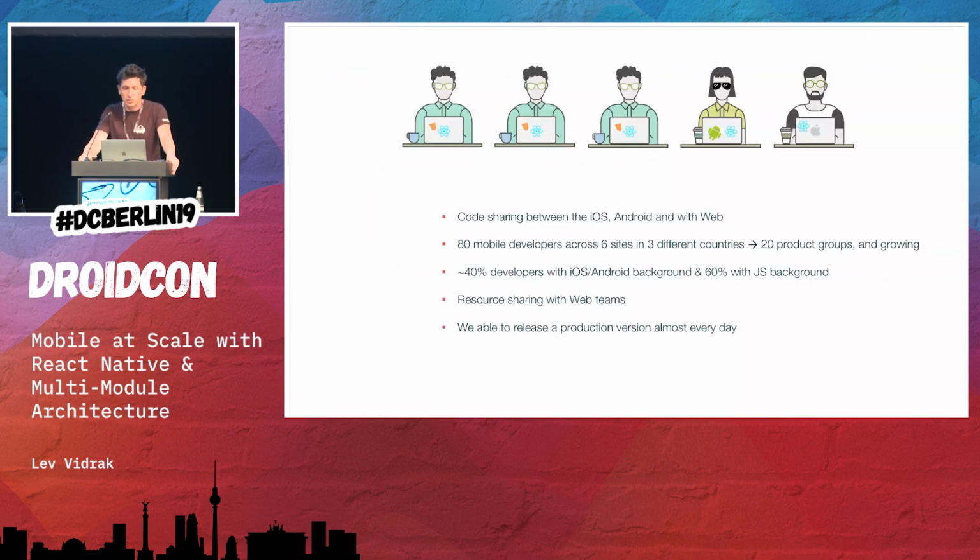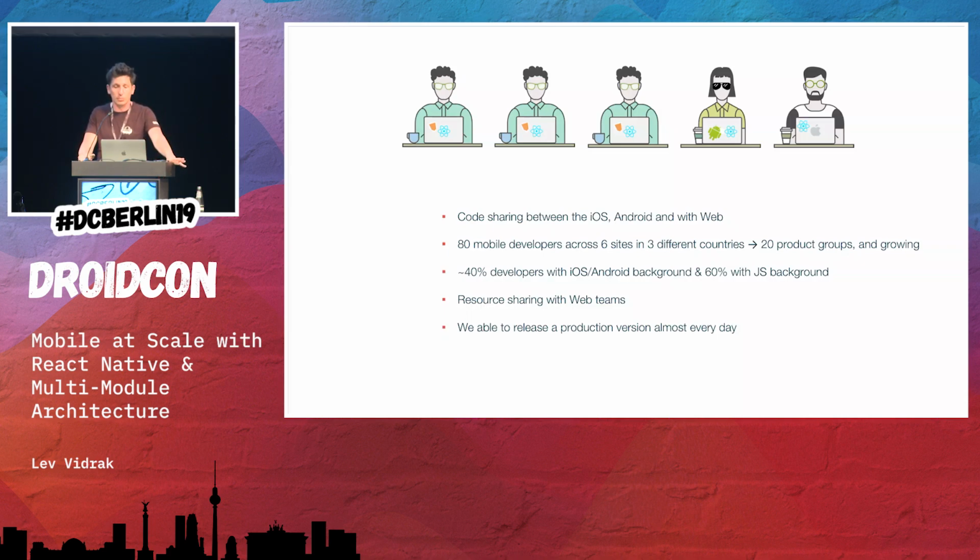So to summarize what we have now, we really share code between Android and iOS. We can share about 80% of our code between the two platforms, and sometimes we also share code with our web teams. We are about 80 mobile developers in the team.